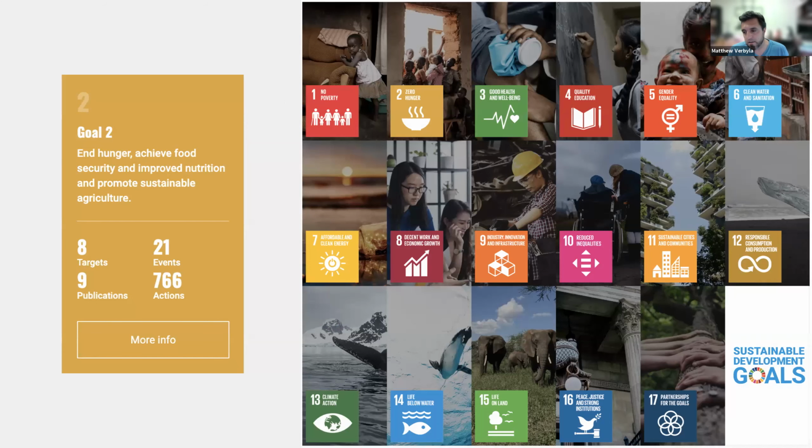And the United Nations has also come up with sustainable development goals. Right, so before these goals were implemented, we had the Millennium Development Goals, which were established around the turn of the century and were designed with targets for the year 2015.